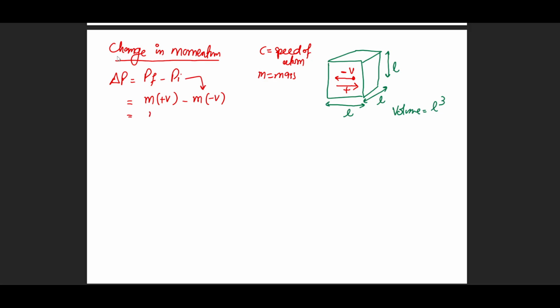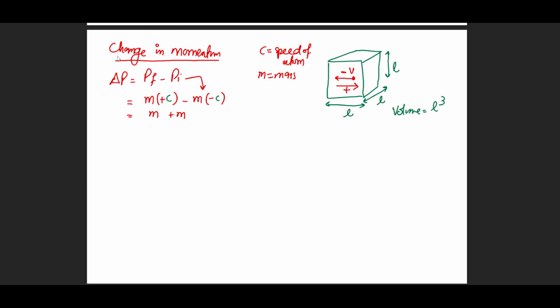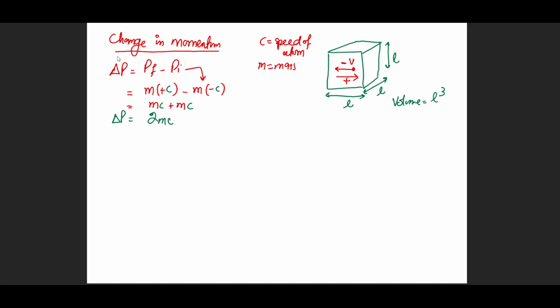So this comes out as mc plus mc. Sorry, I wrote v; I should have written c in this place. So this becomes 2mc. The total change in momentum is 2mc.